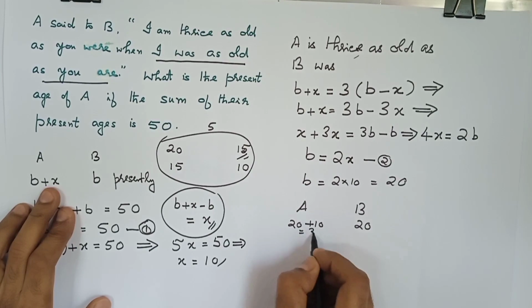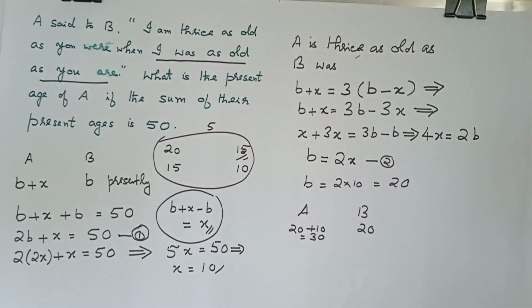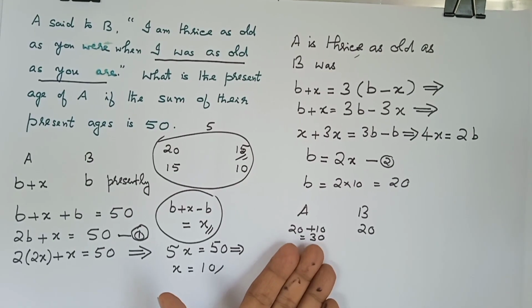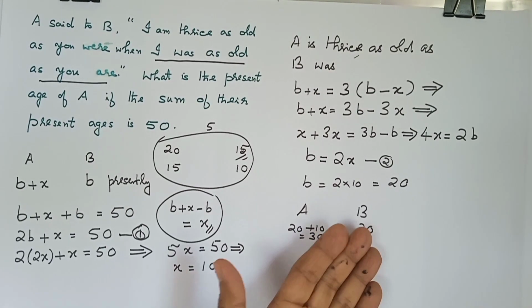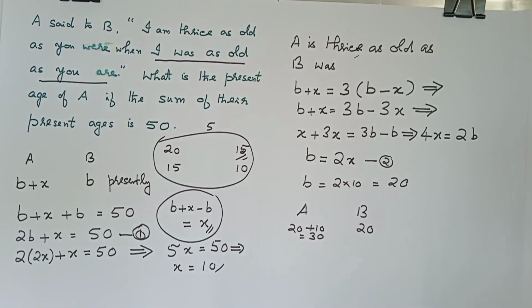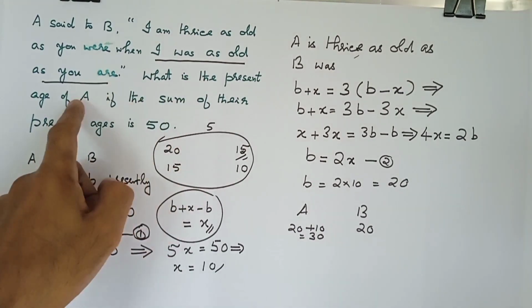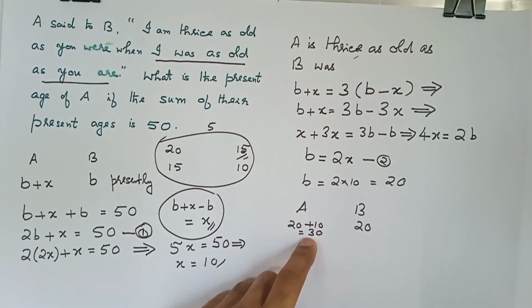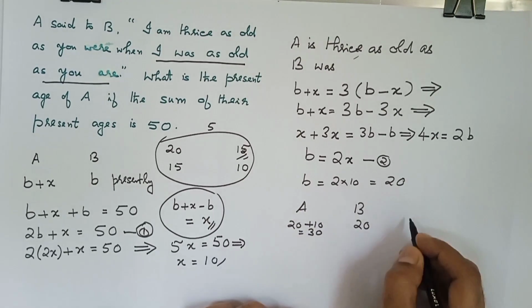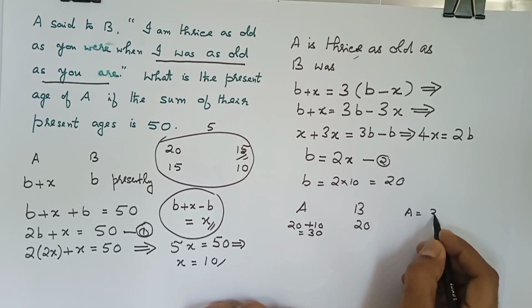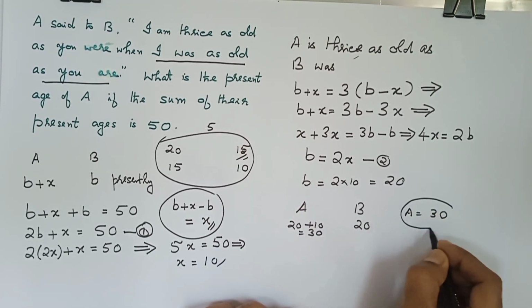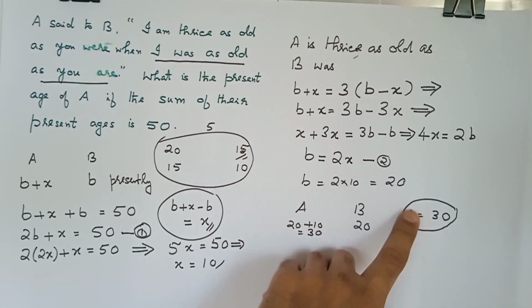So you have 30. So we have found out the present ages of A and B. A equal to 30, B is equal to 20. And what is it that we are asked to find out? Find the present age of A. That means A is equal to 30. So this is the present age of A, and that is the answer to the question.